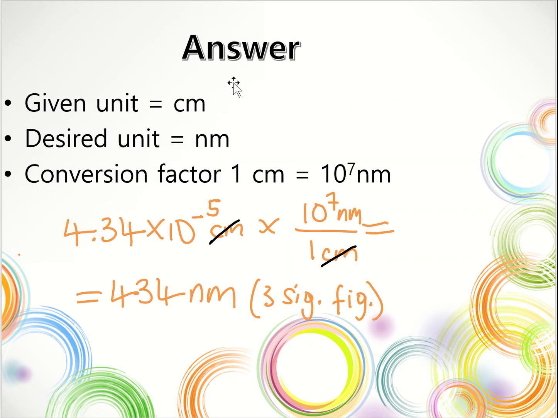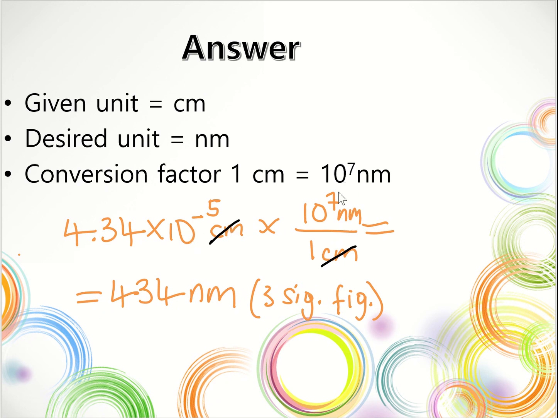All right, so let's use the same principle that we're working with. Our given unit is centimeters. Our desired unit is nanometers. Our conversion factor is 1 centimeter is equal to 10 to the 7 nanometers, right? Because we're trying to get rid of centimeters, it's in the denominator of the conversion factor, and we multiply that by our given unit.